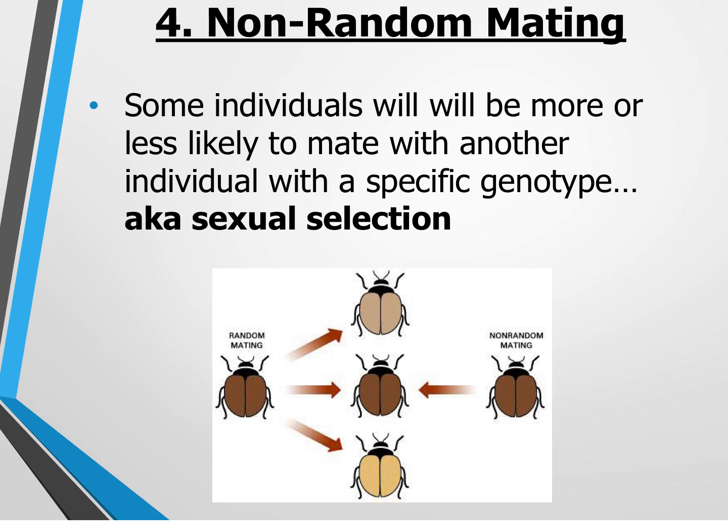However, if the dark brown beetle chooses to mate with a dark brown beetle because it looks like itself and it prefers that color, then that's non-random mating. It's choosing a mate based off of that certain genotype. When we don't have random mating and we're choosing mates, that causes evolution to occur.